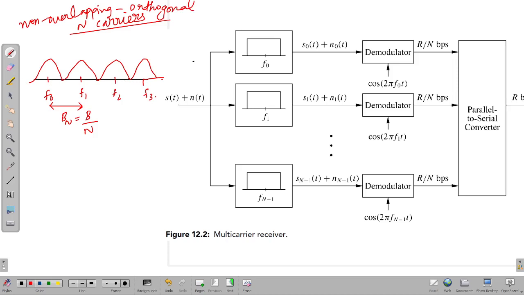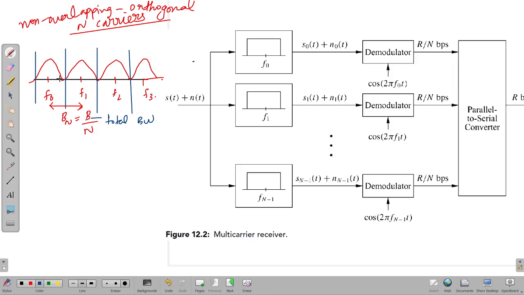Each subcarrier has a particular bandwidth. The first has this bandwidth, the second subcarrier has this bandwidth, the third has this bandwidth, and the separation is B by N. B is the total bandwidth, and Bn is the bandwidth of each individual subcarrier.